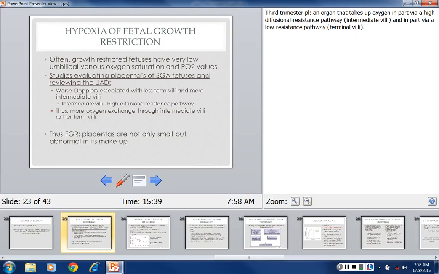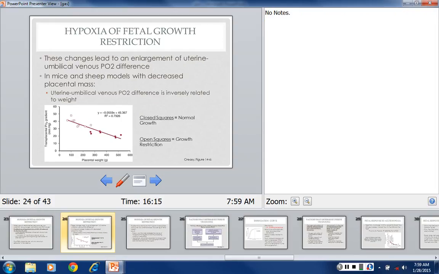And remember, the intermediate villi have a high resistance. Thus, more oxygen exchange was through these intermediate villi, thus poor oxygenation to the fetus. And thus, in growth-restricted fetuses, generally the placentas are not only small, if you ever send them out, but abnormal in their makeup. It's not functioning as it should. The theory being, if you have a small placenta but it has the proper amount of terminal villi, the baby's probably going to do better than a baby whose placenta formed inadequately.